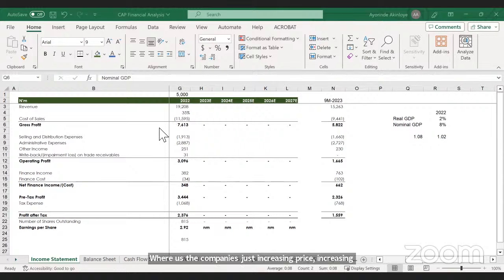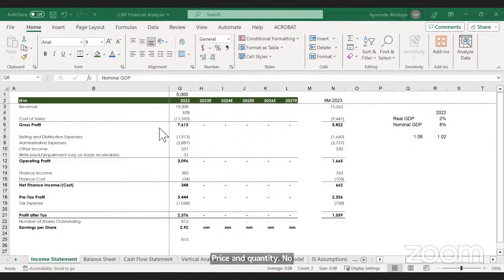As a result of the increase in price, revenue is growing, whereas volume is actually declining. So that is why real GDP will tell us growth in volume or if there is decline in volume. Nominal GDP measures growth in the industry as a whole, price and quantity.